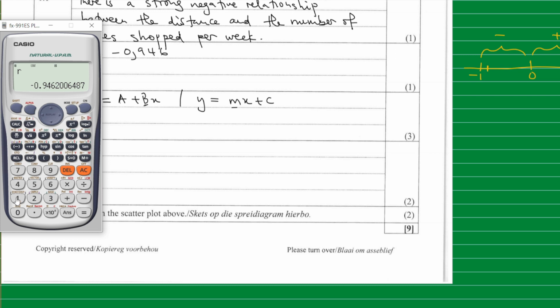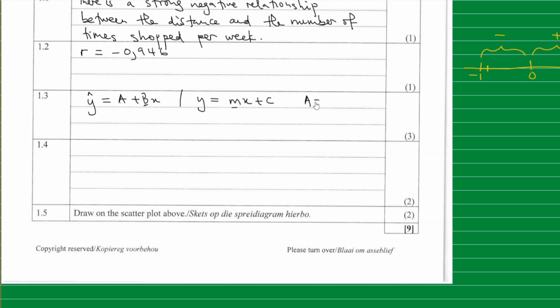Go to shift 1, and then go to regression again, 5, and then we'll see our A here and the B. So I'll choose A, which is 1, and I'm getting 11.713. So I'll just write here A is equal to 11.713. So that is the value of A.